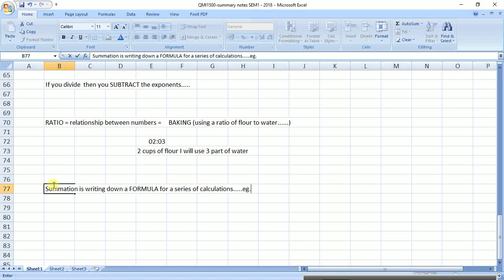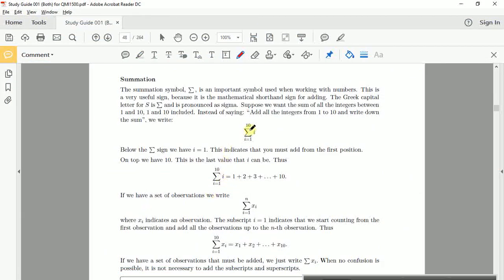For example, let's say I'm adding a series of numbers together, like this. Do you agree? This is basically telling me to add up what? I has the value of 1 up until 10. So what this is saying is add up all the numbers from 1 to 10.